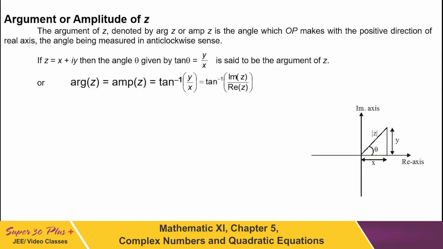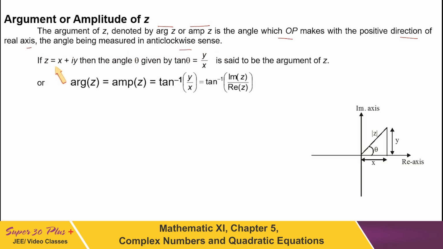Students, now we are going to do a detailed study of the argument or amplitude of complex number z. The argument of z, denoted by arg z or amp z, is the angle which OP makes with the positive direction of real axis. The angle is measured in anti-clockwise sense.